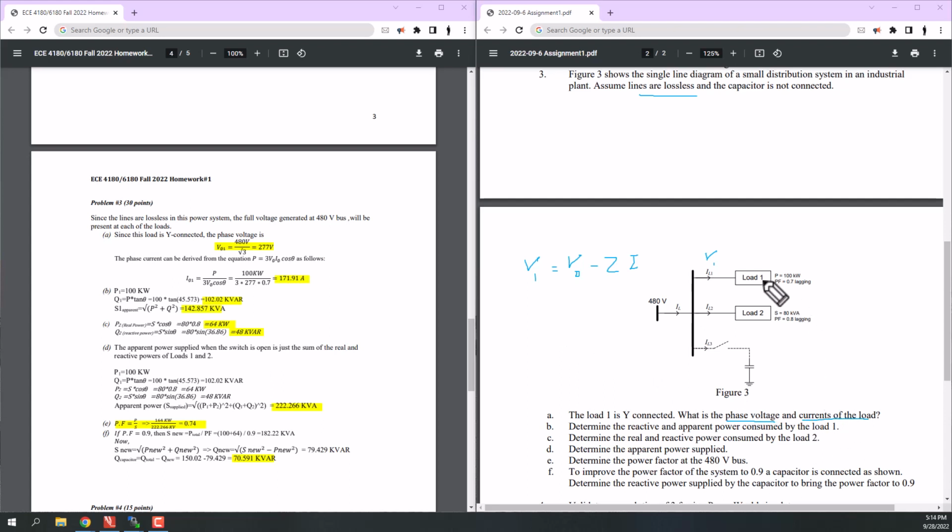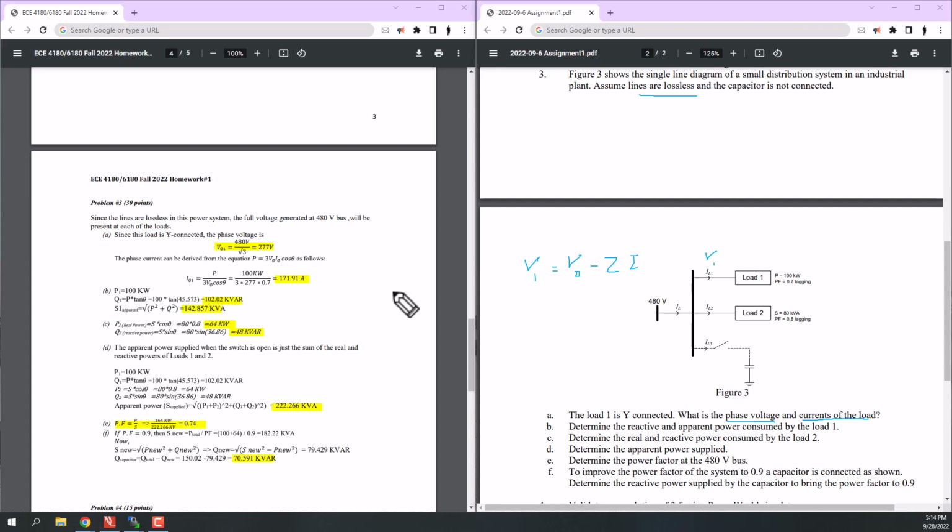We know that the active power is 100 kilowatt and the power factor is given to be 0.7 lagging. So we can use the formula from the previous questions, S equal to 3 multiplied by phase voltage and phase current.